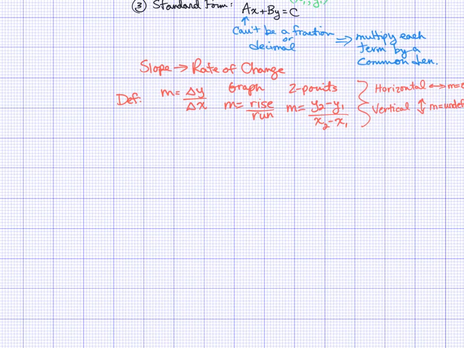So how do we find slope? Let's look at a few examples of how we actually might find slope with these definitions. Let's look at a table of values. Let's say we have x, y, here's our table of values, and let me just take a second and fill in a few values here.